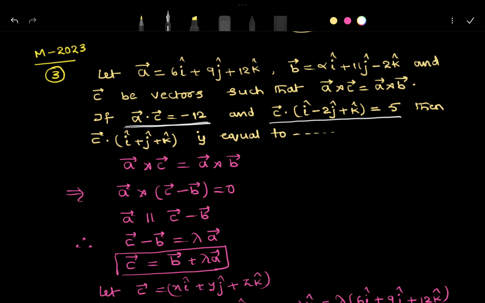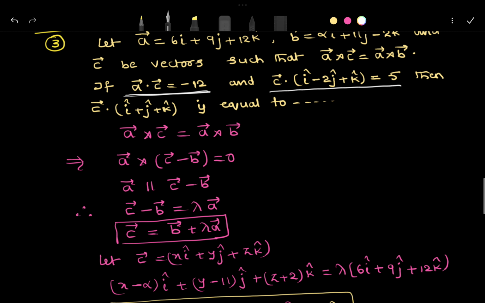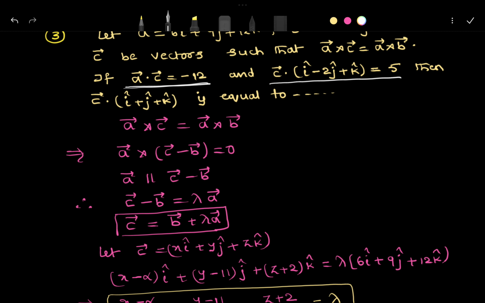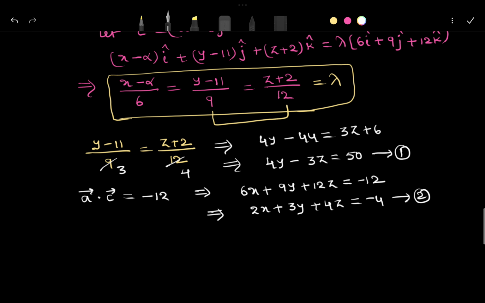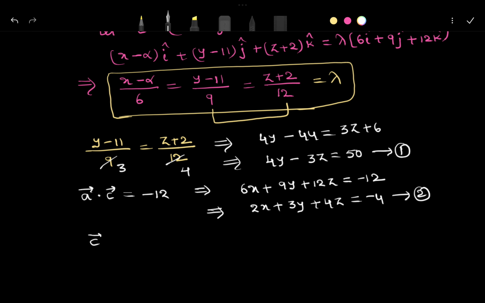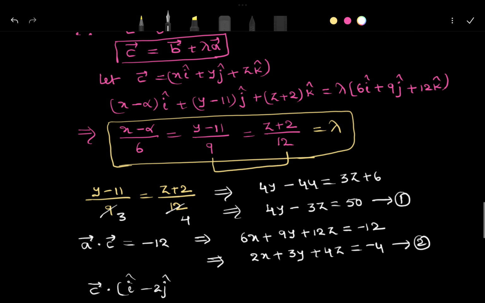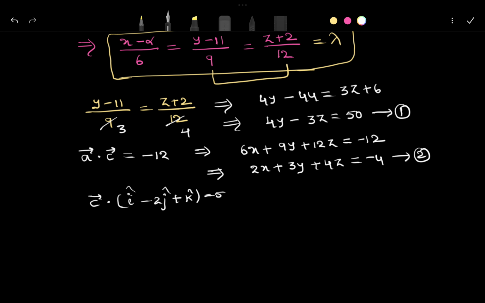One more condition is given: C dot (i minus 2j plus k) is equal to 5. C bar means x i plus y j plus z k. Substituting, it becomes x minus 2y plus z is equal to 5.